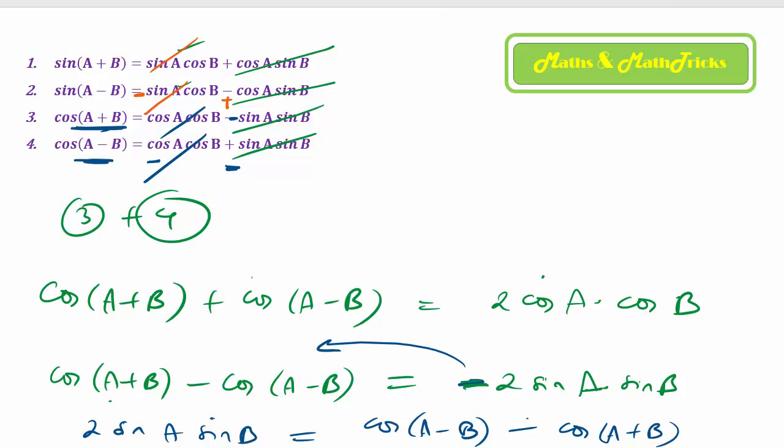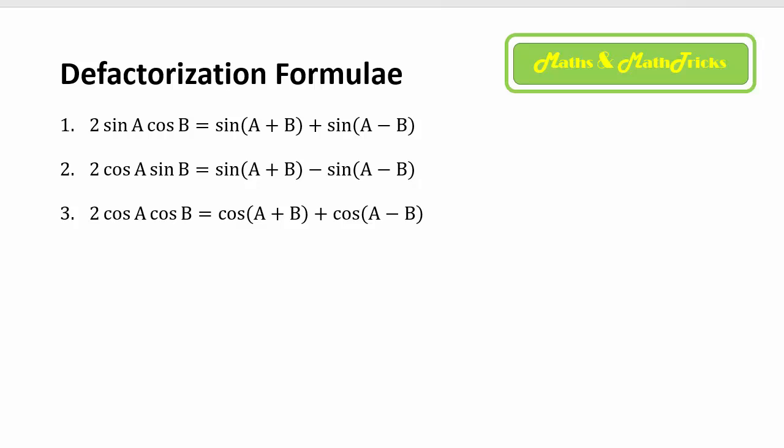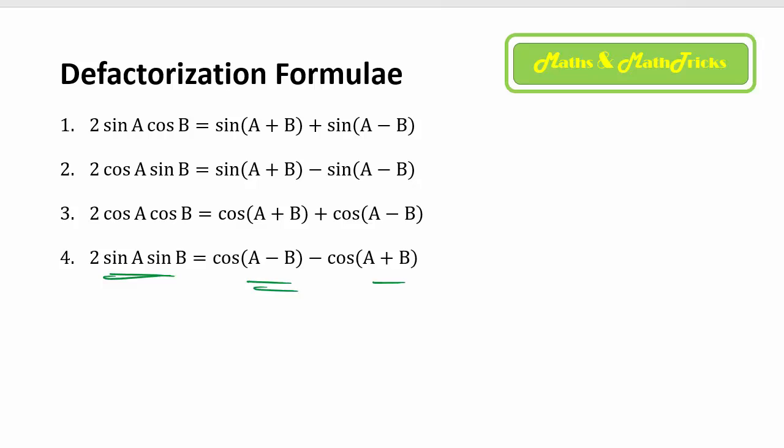So students, then we have got to know the factorization formula for cosine, that anytime you wish to write down 2 times cos a cos b, it's a result of addition of cos of a plus b and cos of a minus b, and 2 times sin a sin b is the result of difference of cos of a minus b and cos of a plus b.